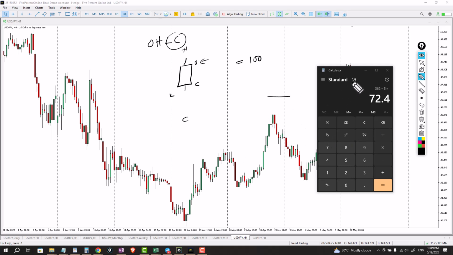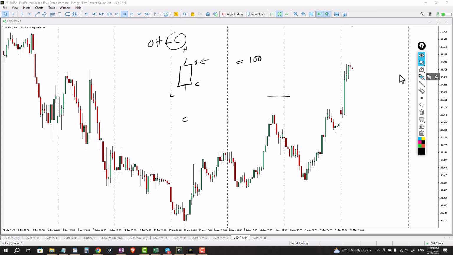me delete this calculator since we're done with it. Let me pick back this tool. So it's going to actually calculate the last 100 candlesticks on this chart. Then it's going to find what the closing price of each one of those candlesticks is.